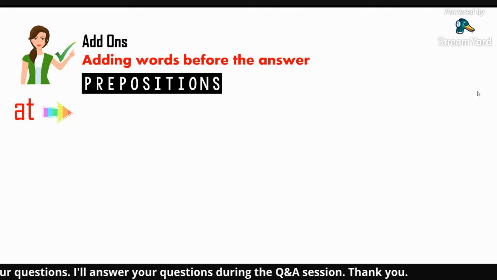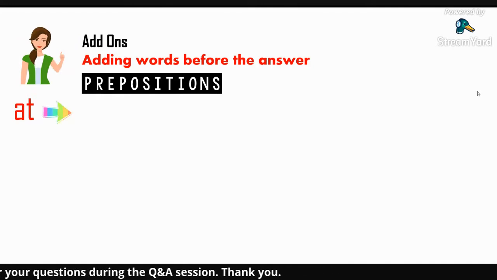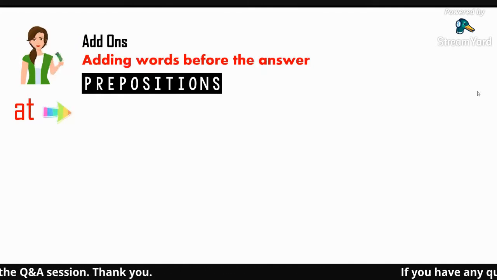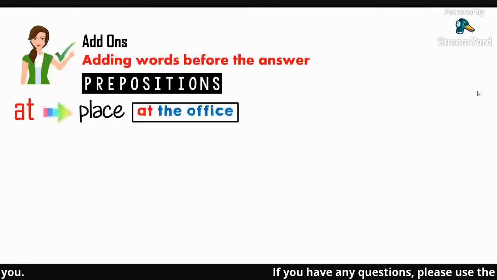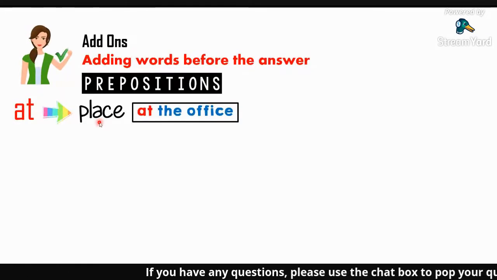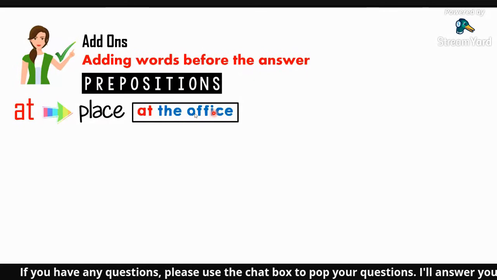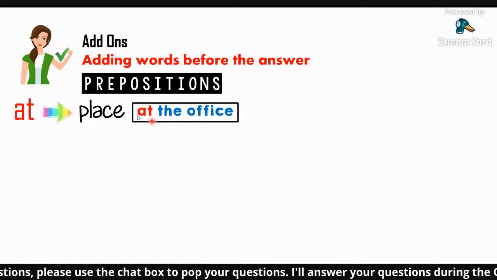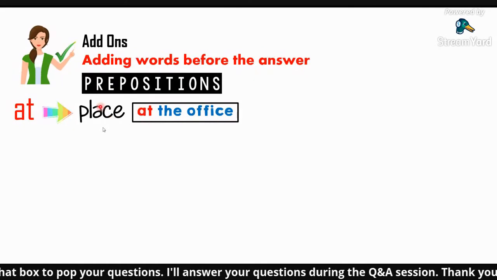So we'll be looking into at. Now, when do we use at? The first thing is for a place, at the office. So we will add the word at when it comes to a place.